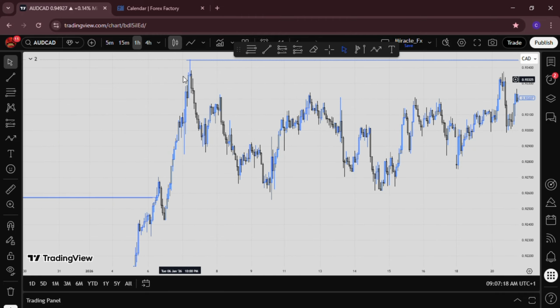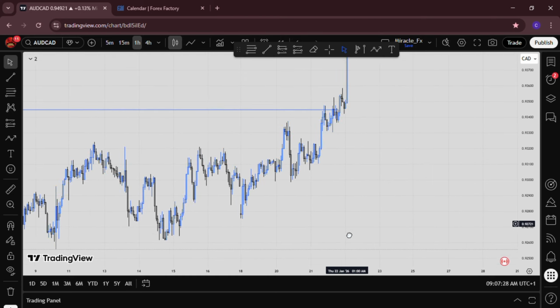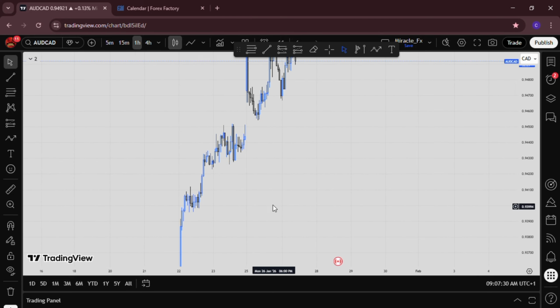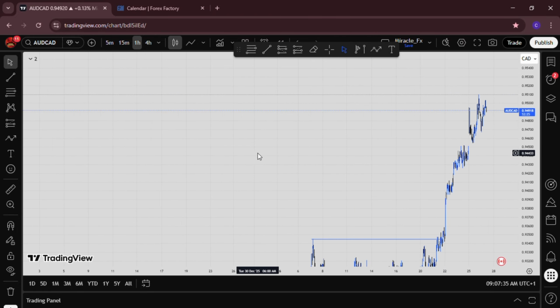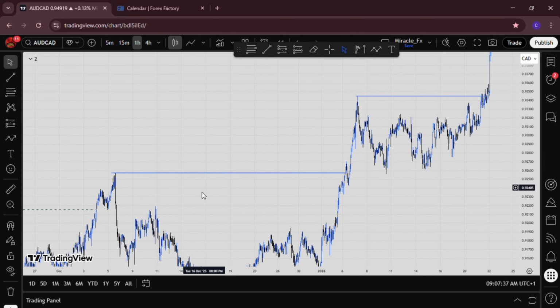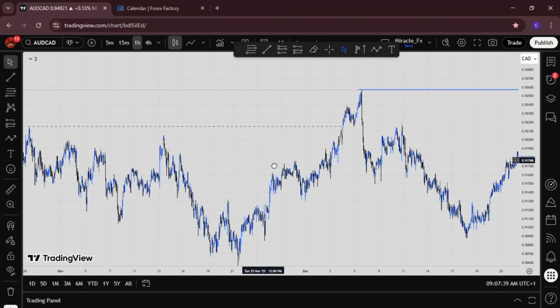There was no sweep of liquidity, break of structure, or anything for me to enter. That's why I left this trade. It's working for me. I backtested it for months.